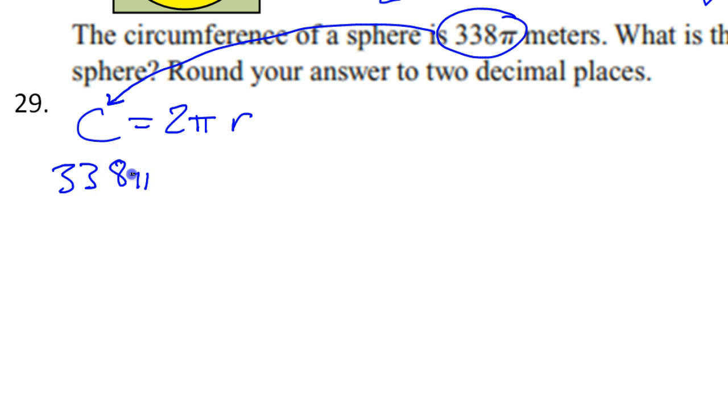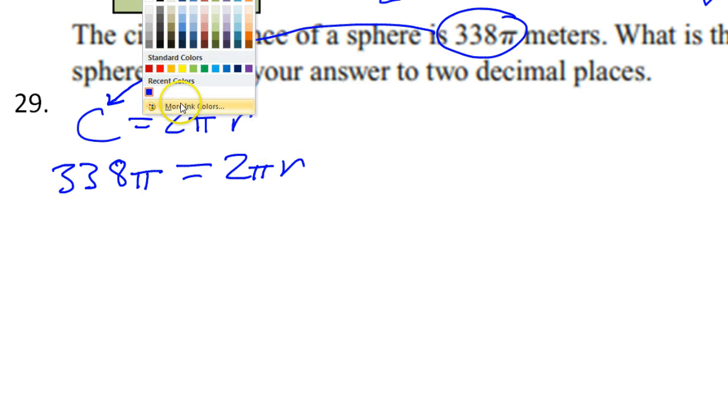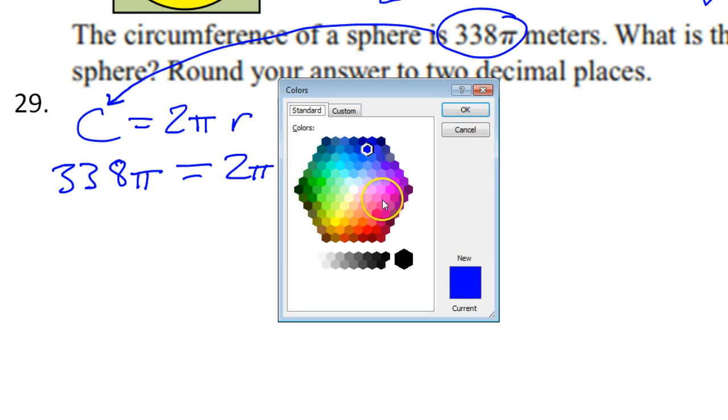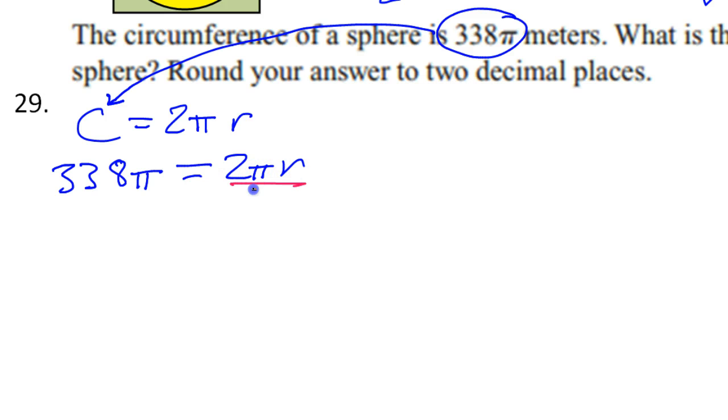So that means 338 pi is going to equal this 2 pi r. So I'll divide both sides by 2 pi to get the radius. Okay, cancel, cancel. On the left-hand side, the pi's cancel out as well. No more pi.